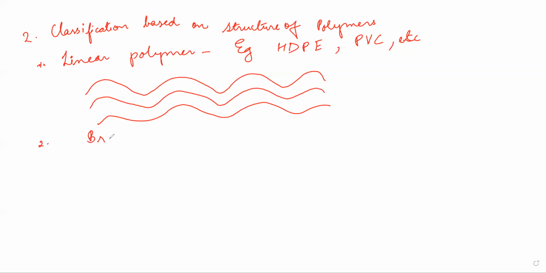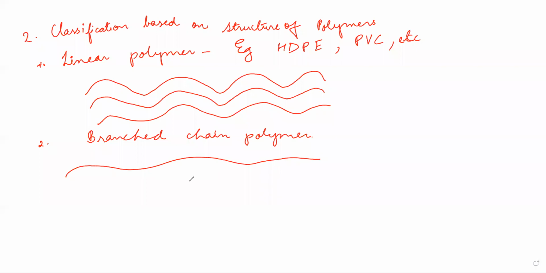Yes? Okay. Next category is branched chain polymer. The linear polymer is a bit modified and it has certain branches in between. That is why it is referred to as a branched chain polymer.